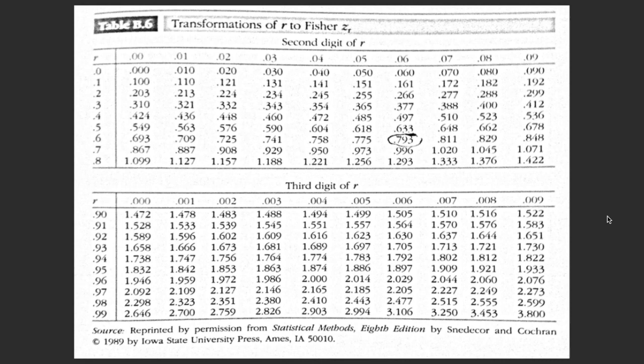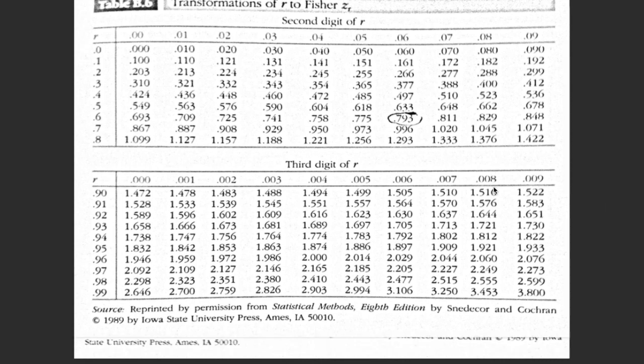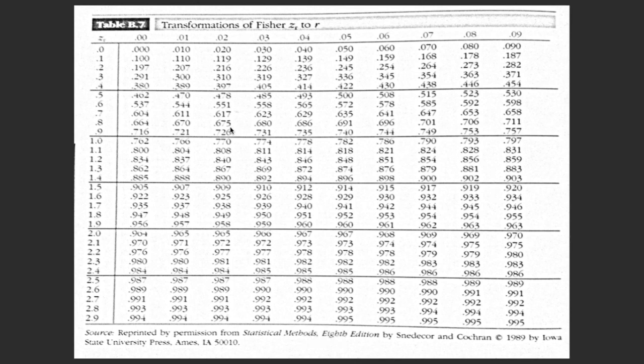Okay, so we transformed R to ZR, and now we have some ZRs we need to transform back to R. So we go to this second table. Our first ZR that we need to transform is going to be 2.618.